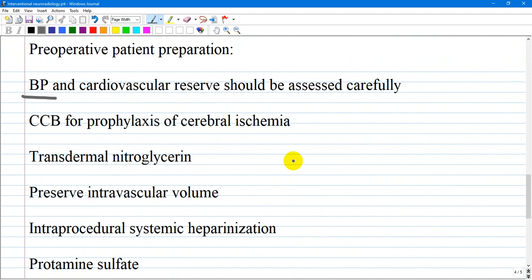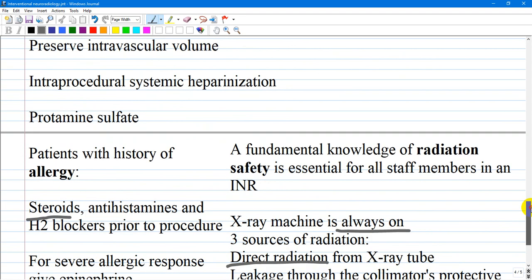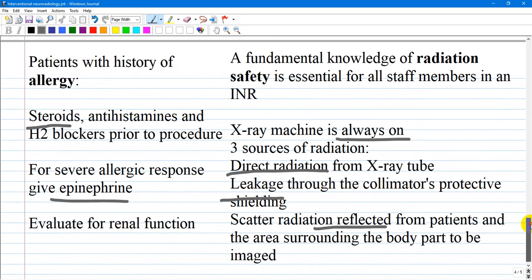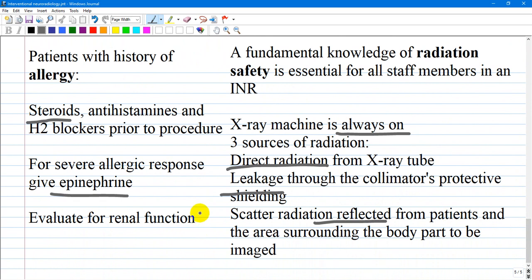Patients should be prepared, especially with some vasodilators like calcium channel blockers, and heparinization during the procedure, and of course managing the optimal blood pressure for the brain to be supplied normally with blood, especially the affected zone, and coming back from the collateral blood supply of the circle of Willis.